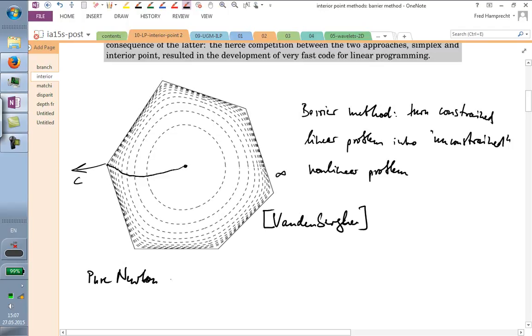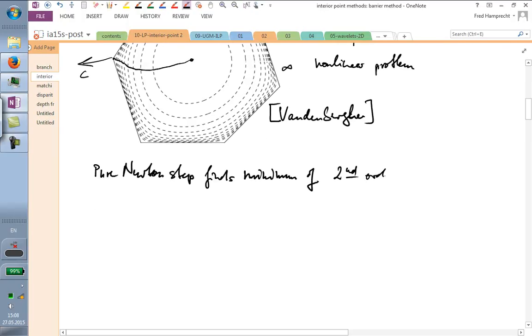The Newton algorithm finds in a single step the minimum of a second order Taylor expansion around the current solution.